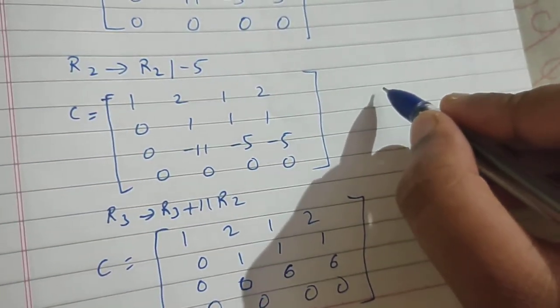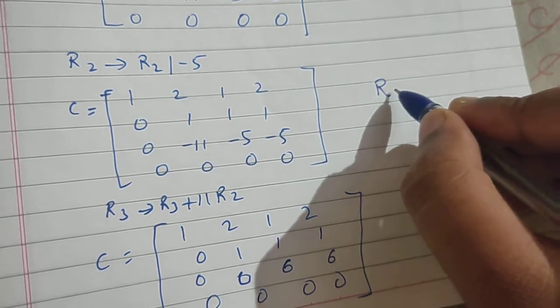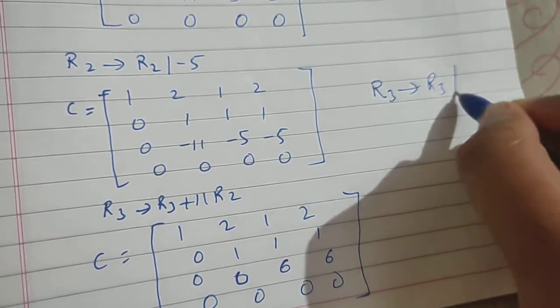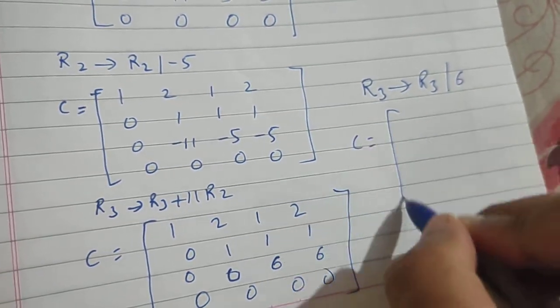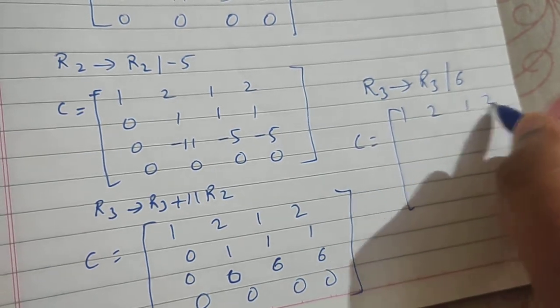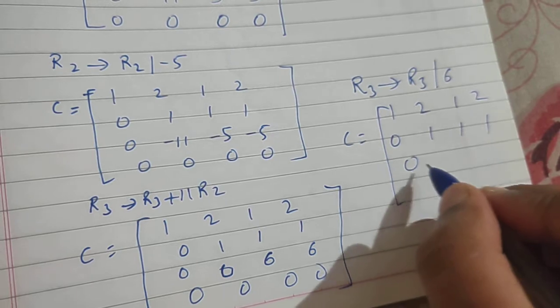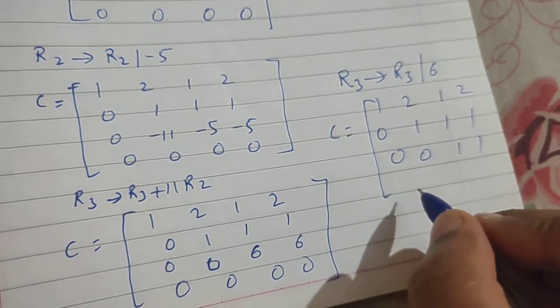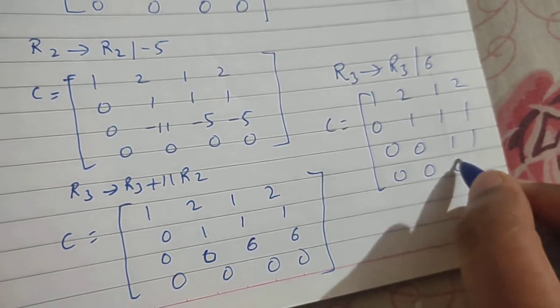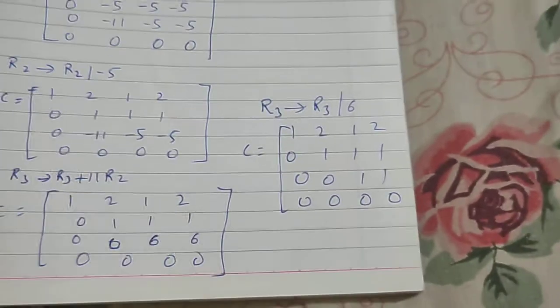So I can write r3 as r3 divided by 6, so my augmented matrix becomes finally 1 2 1 2, 0 1 1 1, 0 0 1 1, and 0 0 0 0. What else you can do?